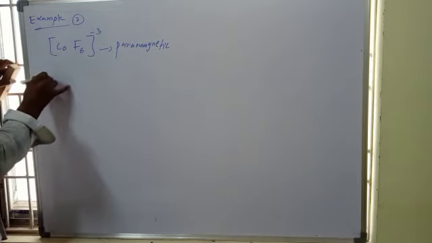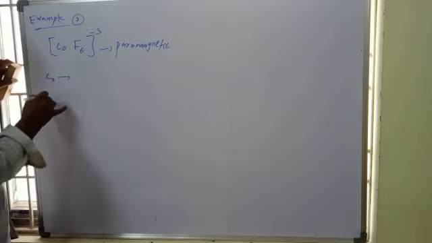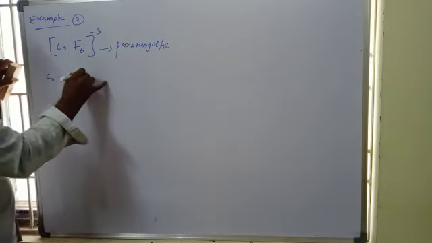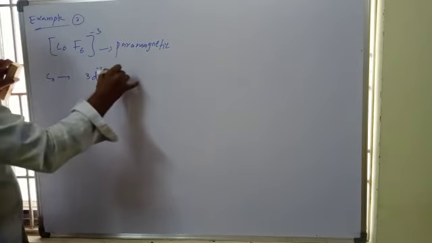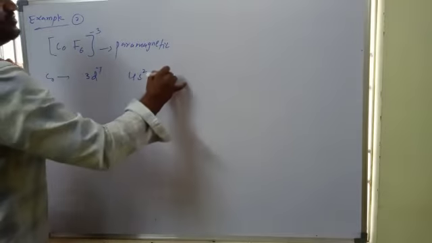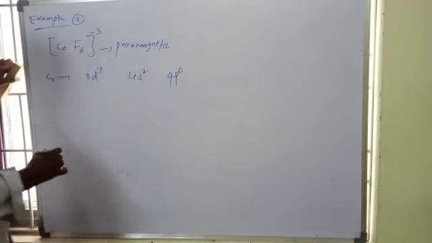Here also it is cobalt. The ground state configuration is 3d7 4s2 4p0.